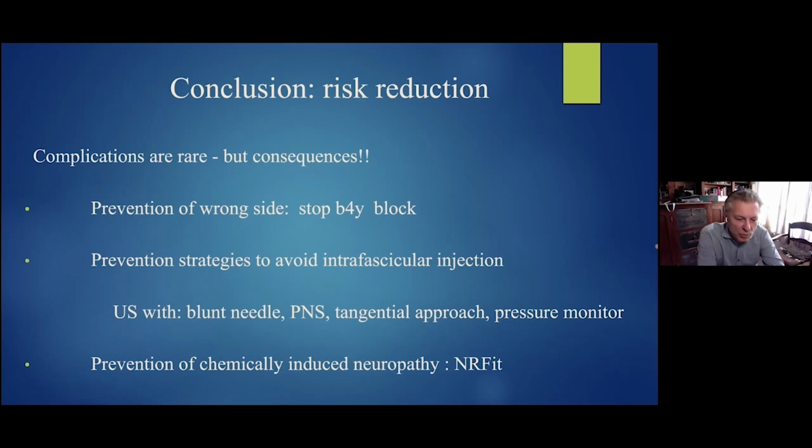And to avoid chemically induced neuropathy, I say avoid, prevent, because NRFit is for the connection, but if you take the wrong drug in your syringe with NRFit, then you can also have a chemically induced neuropathy.